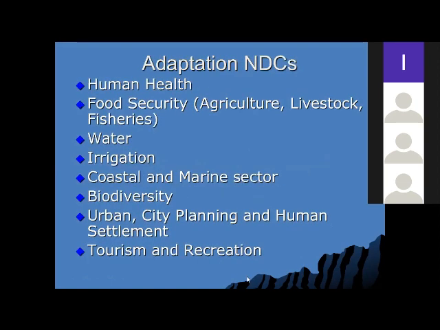So therefore we have to do it. Now, basically adaptation in disease and human health, food security, in agriculture, livestock and all, then water, irrigation, coastal and marine, biodiversity, urban city planning and human settlement, tourism and recreation. These are the topic areas that the NDCs are based on.